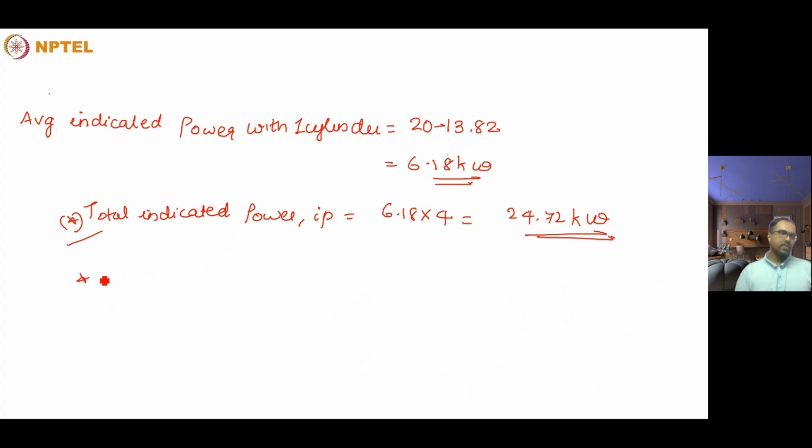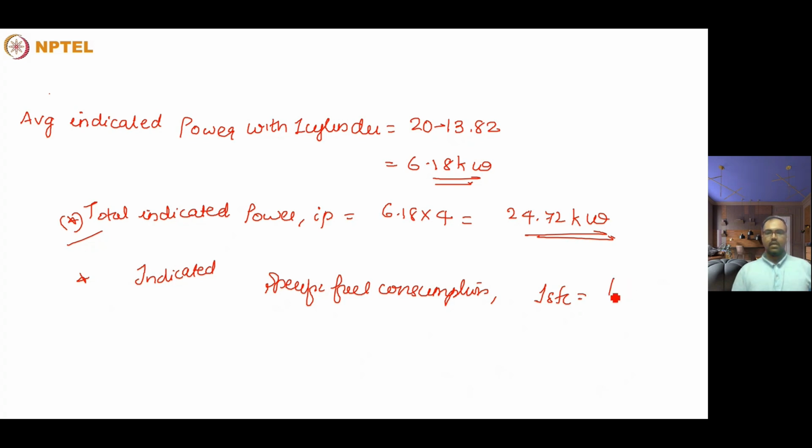We need to calculate in this particular problem the indicated specific fuel consumption, ISFC, that is equal to the brake specific fuel consumption, BSFC, multiplied by the brake power divided by indicated power. So the indicated specific fuel consumption multiplied by the indicated power will be equal to the brake specific fuel consumption multiplied by the brake power.